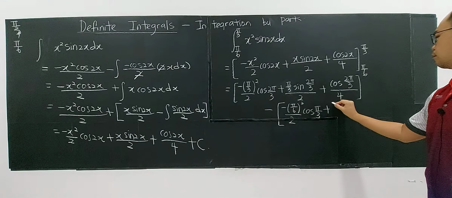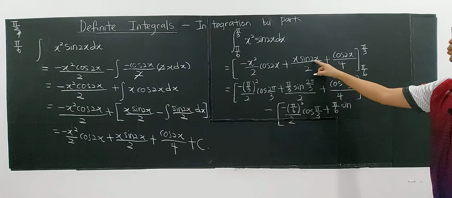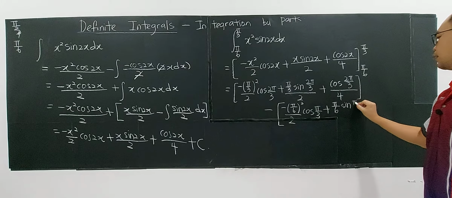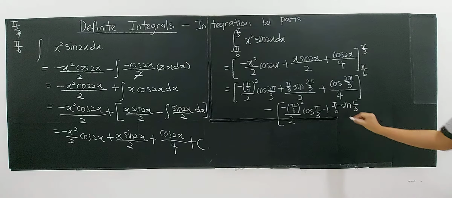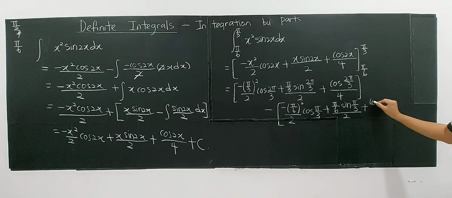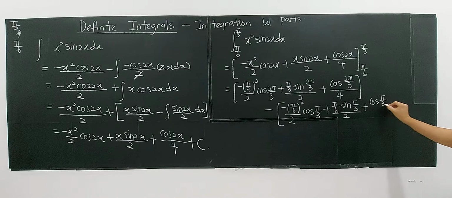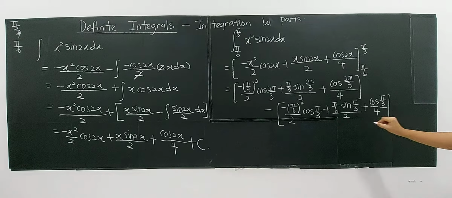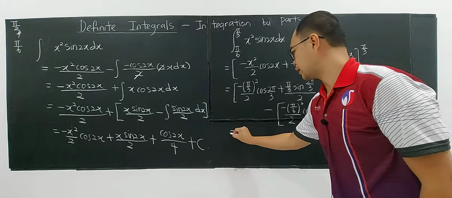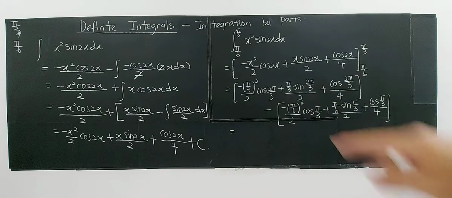Plus pi over 6 sine 2 pi over 6, which is also pi over 3, divided by 2 plus cos 2 pi over 6, you are getting pi over 3 also, over 4. Alright, now it's time for you to evaluate after you substitute. So then you have to use a calculator in evaluating this. So key in everything in your calculator, or I teach you another way.